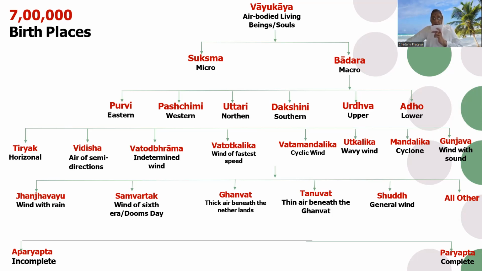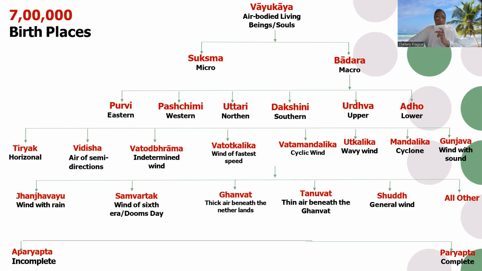Then there is Shuddha. It means a general wind, which we generally feel whenever we go for walking, a general wind which flows or blows, that is called Shuddha, and all different other types of wind. In commentary literature of Jain tradition, we find so many explanations and descriptions about different types of wind.